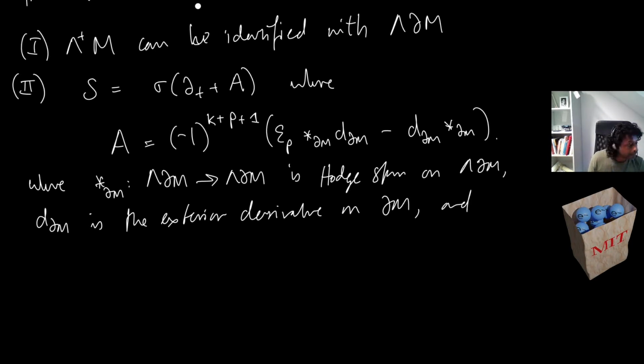Okay, so I should really say that this is A restricted to p-forms on the boundary.